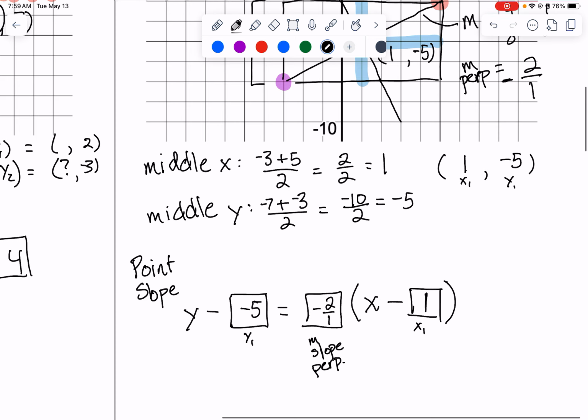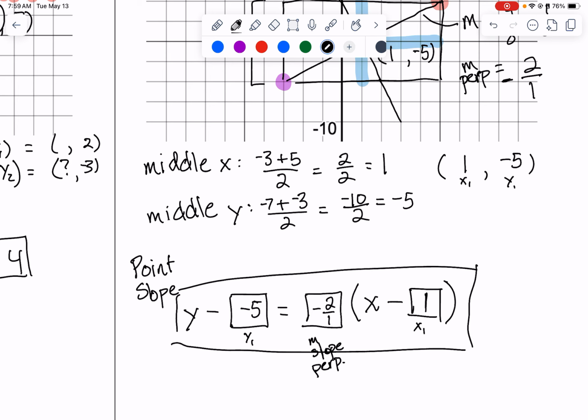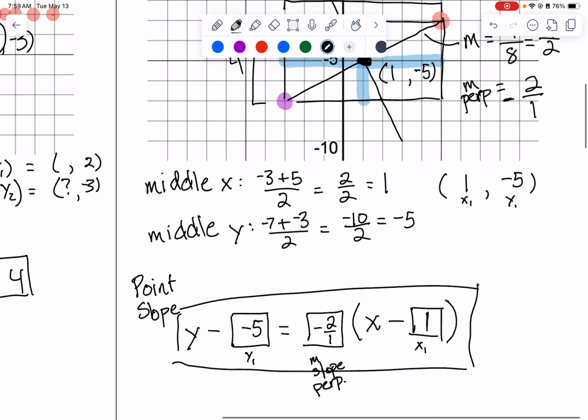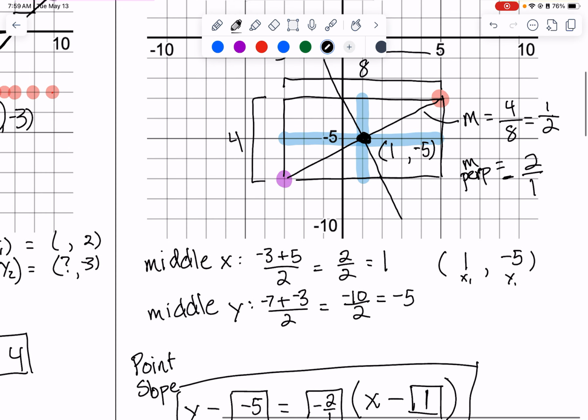In the end, what I need to type into a digital version of this test is this equation here, or something equivalent. If you graphed it and you noticed that there was an intersection point here at 0, negative 3, that could have told you that negative 3 was my b.